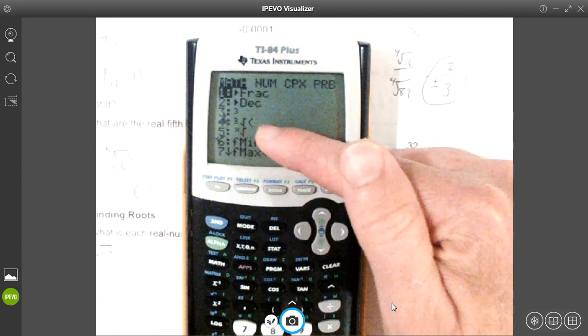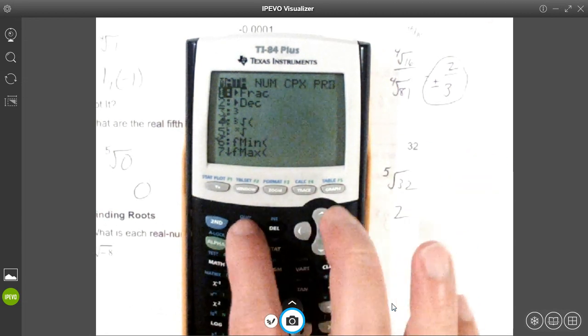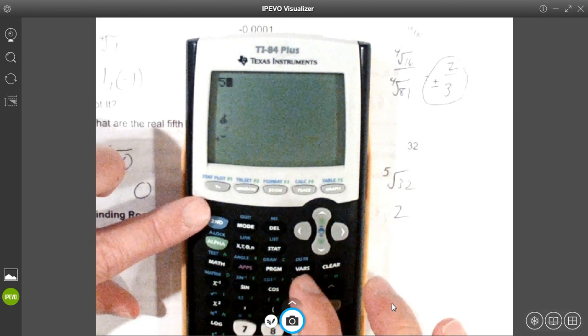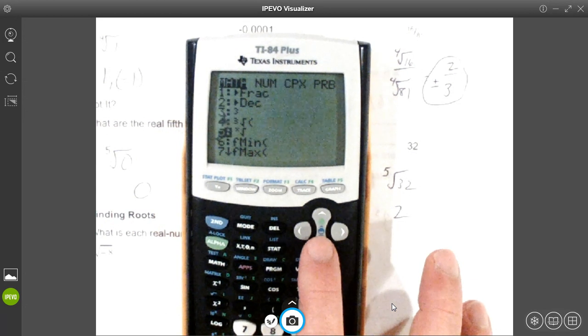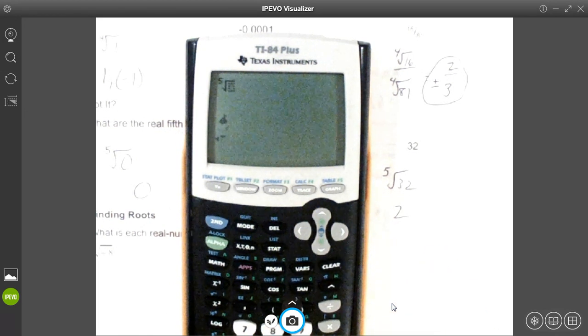You notice number 5 down there is the xth root. Before I get into this, I have to plan ahead. If I want to find the fifth root, I type in 5, I hit math, and then I go down to number 5 there, and I can either type in 5 or scroll down and hit enter, and then I can type in 32. So there's the fifth root of 32, and that will give you that answer.